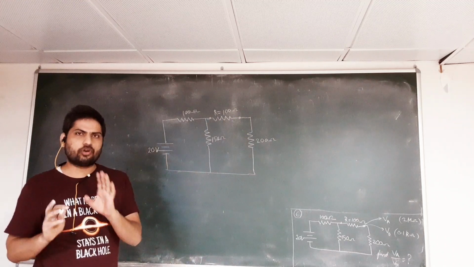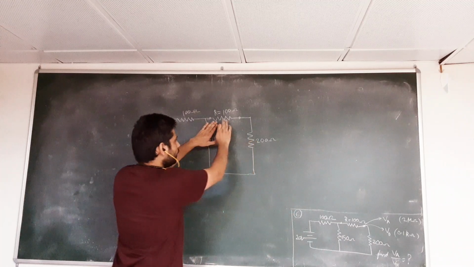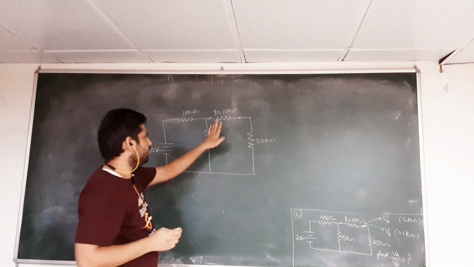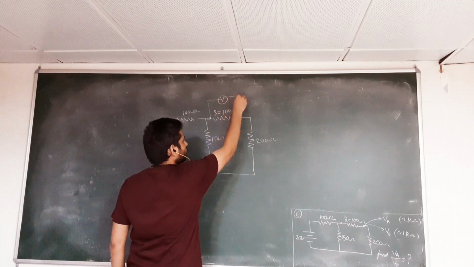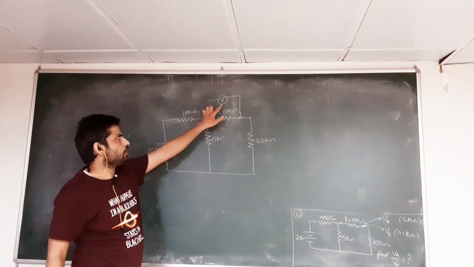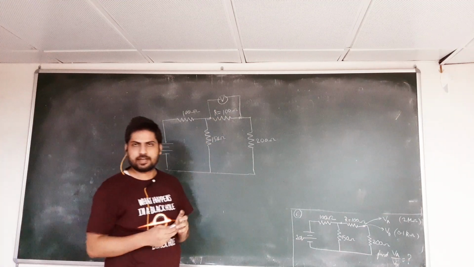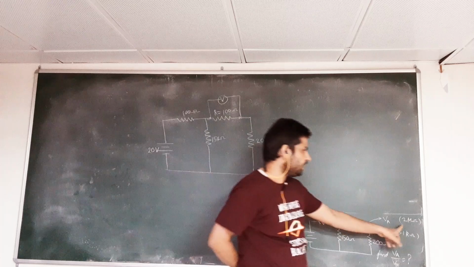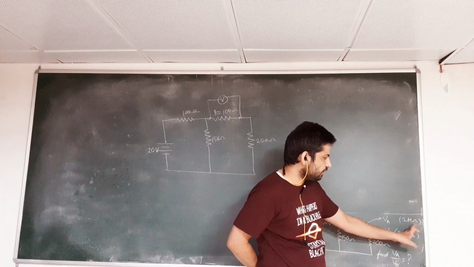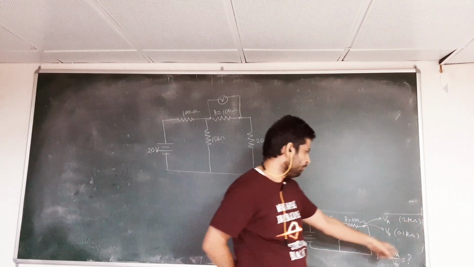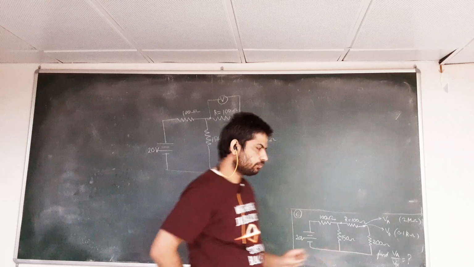Remember, a voltmeter is always connected in parallel. Means if you want to find the value of voltage dropped at this resistance, you will connect a voltmeter like this, and then this voltmeter will read the voltage across this resistance. There are 2 voltmeters available, and one voltmeter is having an internal resistance of 2 million ohm, that is 10 to the power 6, and another voltmeter is having a resistance of 0.1 kilo ohm.